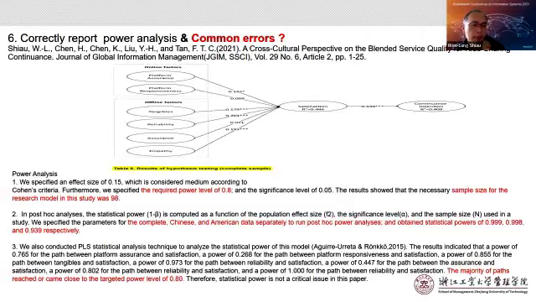Most of the test coefficients are above 0.8 in our papers. Then we can cross the target power level of 0.8. Then we can claim the statistical power is not a critical issue in the research. So there are so many things we need to report about the power analysis over there.